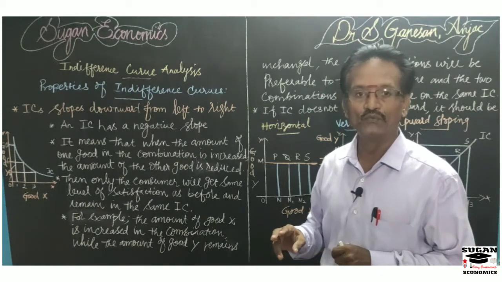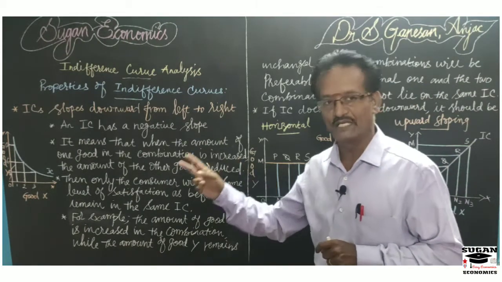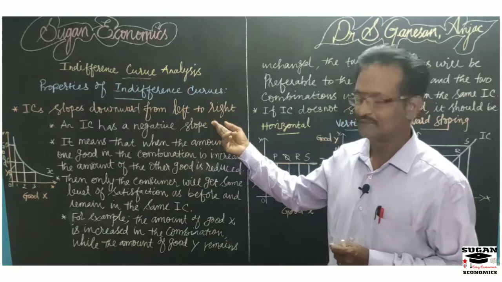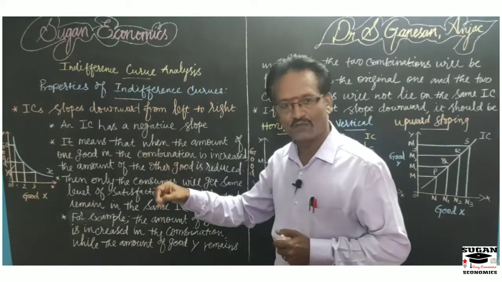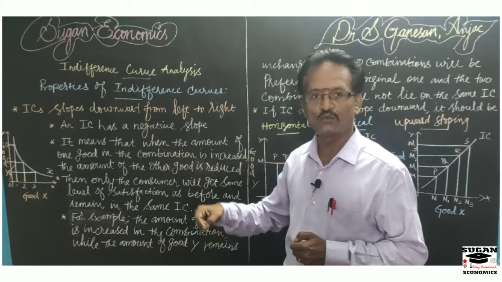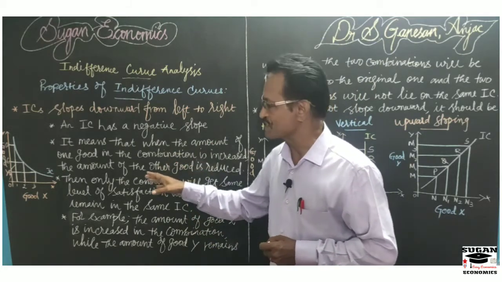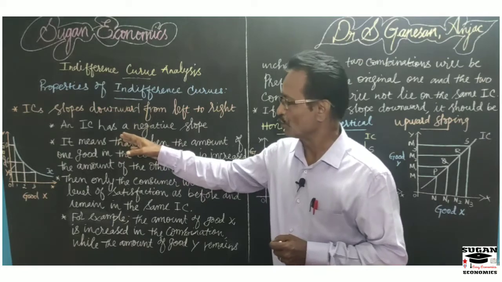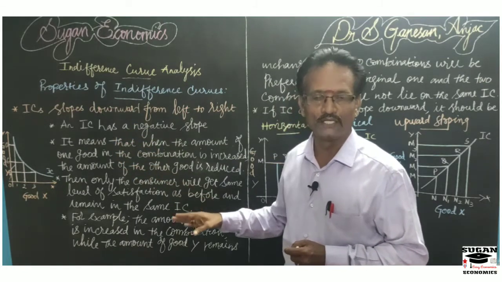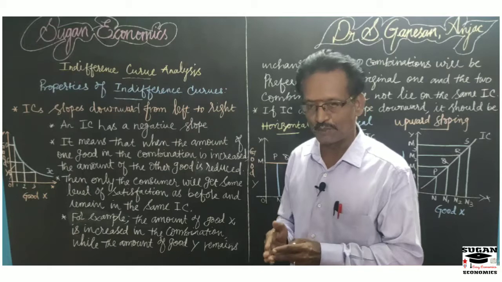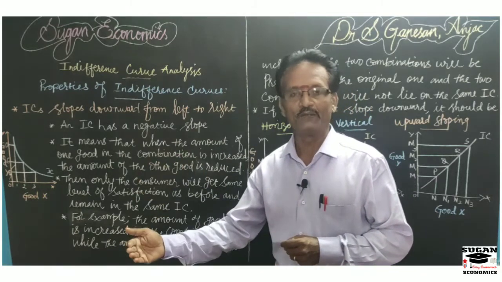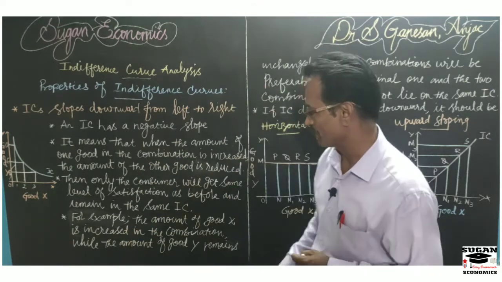He will move from the previous one to a higher one. So if the consumer wants to move along the same indifference curve to maintain his level of satisfaction, the indifference curve should slope downward from left to right. That means if a consumer adds one commodity, he has to give up another commodity.